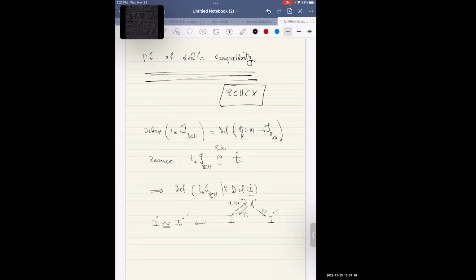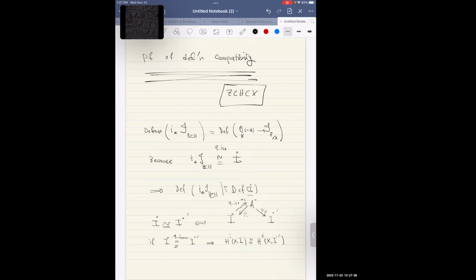In fact, quasi-isomorphism is a weak notion of isomorphism. It means that if I dot is quasi-isomorphic to I dot prime, then the cohomologies of I dot are going to be isomorphic to the cohomologies of I dot prime.